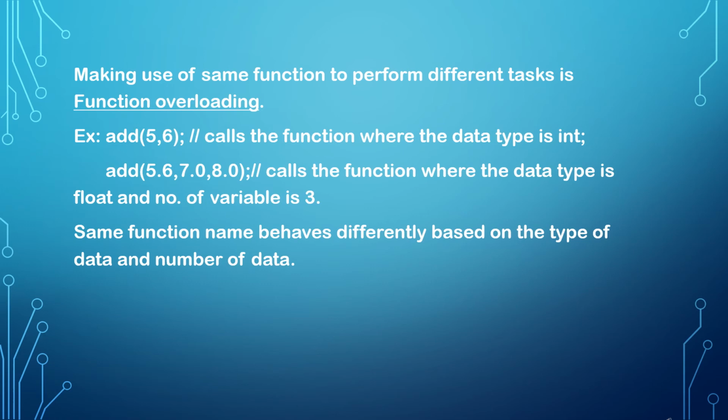It adds two integer data type values, and the next one, add 5.6, 7.0 and 8.0, calls a function to add three numbers of float type. So here the function name is the same, but the data given in the parameter list is different. So it acts differently based on the type and number of data.